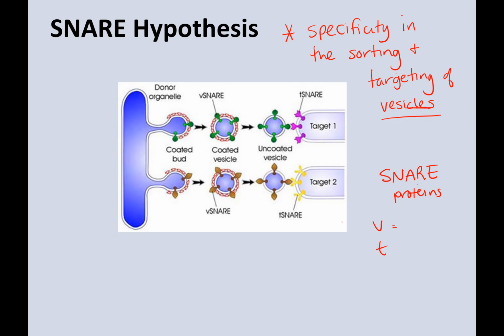V-SNAREs are the proteins on the vesicles, and T-SNAREs are the proteins on the target. So this diagram is just to show you there are different V-SNAREs and T-SNAREs, and they specifically interact with each other to get vesicles to where they are supposed to go.